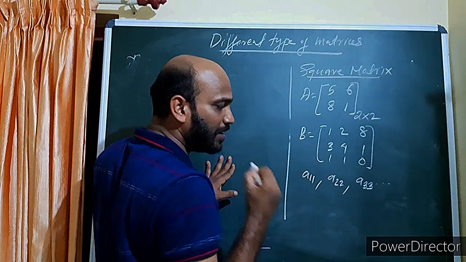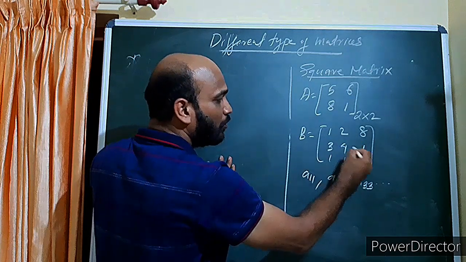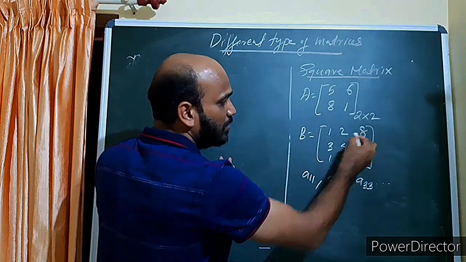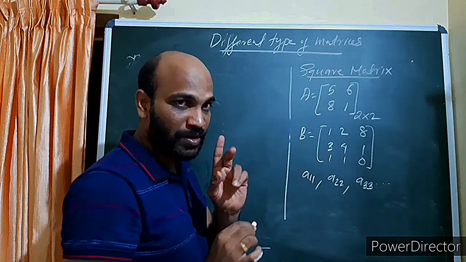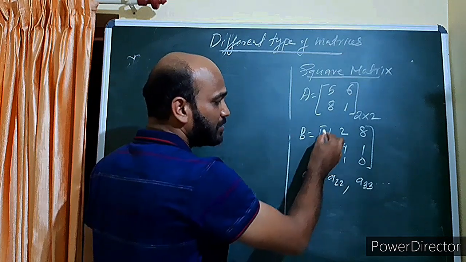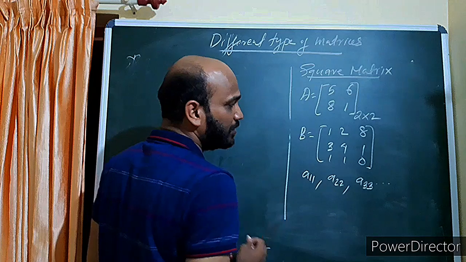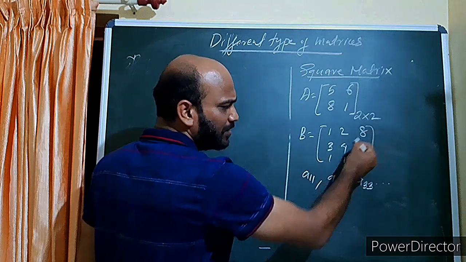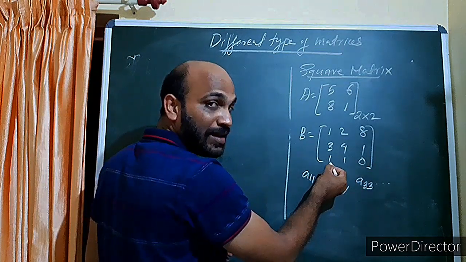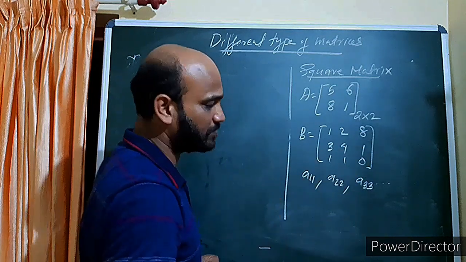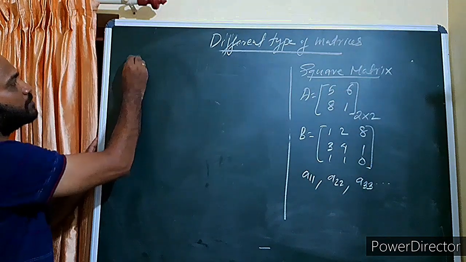In this matrix, the diagonal elements are 1, 4, 0. For a square matrix, there is only one diagonal, and the diagonal elements are A11, A22, A33. We cannot consider these as diagonal elements. We cannot consider this one as diagonal elements.